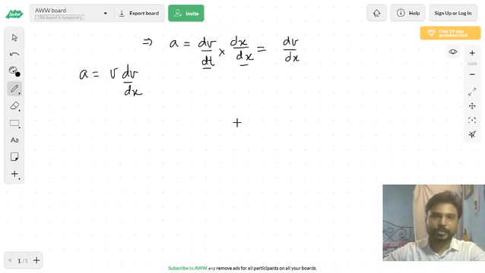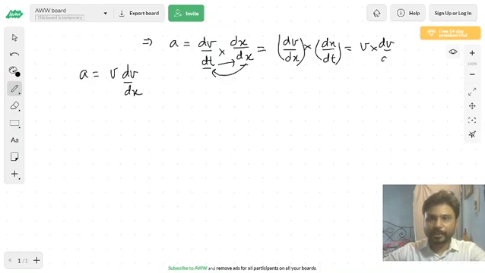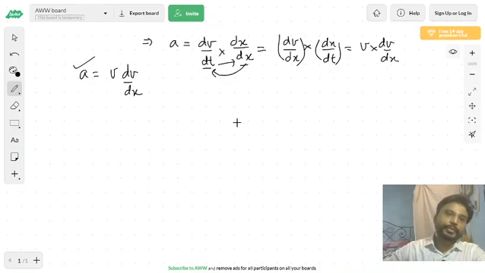This dx goes here and this dt comes here into dx by dt. Now we know that dx by dt is velocity, so this becomes velocity into the remaining part dv by dx. So this is how we come about this expression.